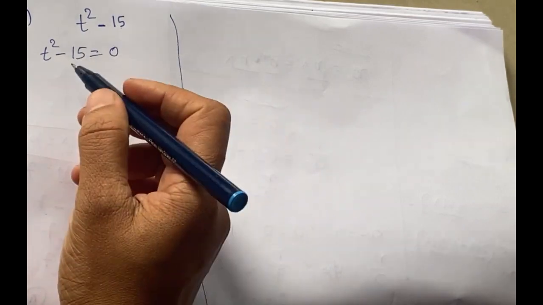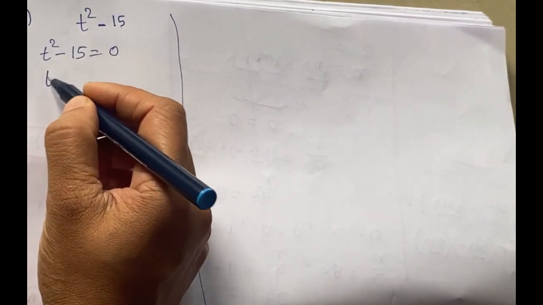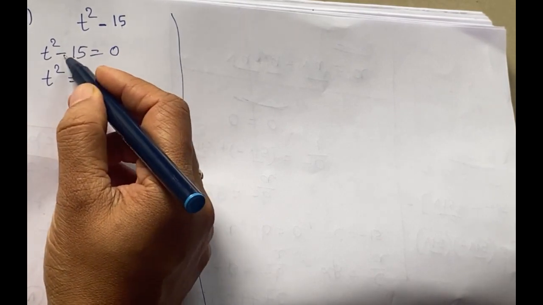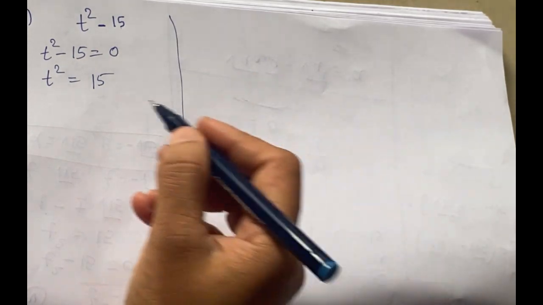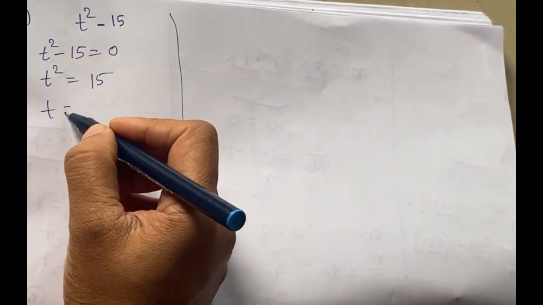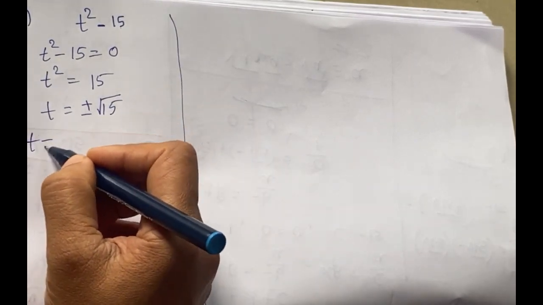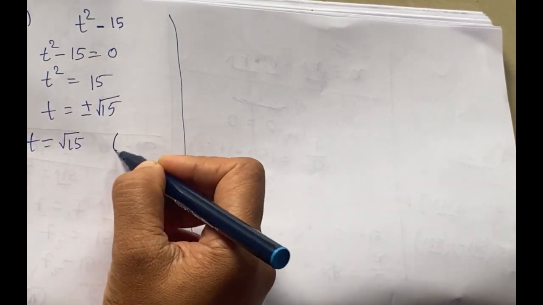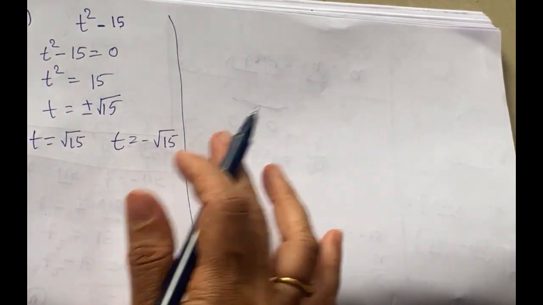Let me explain how to find this. This is a quadratic equation. You can write t square is equal to minus 15 on the left hand side, it will go to the right hand side and become plus 15. Then you can write t is equal to plus or minus root 15. One value is root 15, another value is minus root 15. You got two values for t.